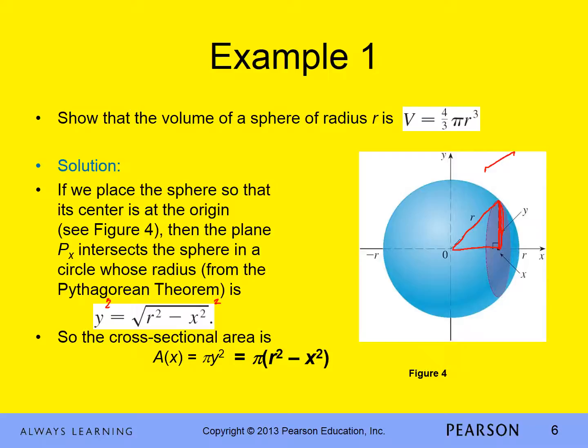So the area of that purple circle is pi times (r squared minus x squared).